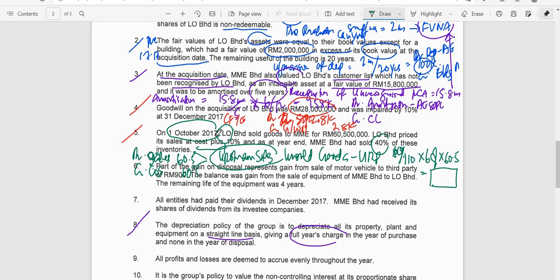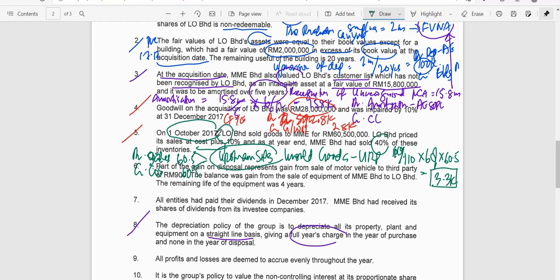So for the unrealized profit, if you have done the calculation correctly, that will give you 3.3 million, or 3,300. However, for the intra-group sales and purchase, that was 60.5.